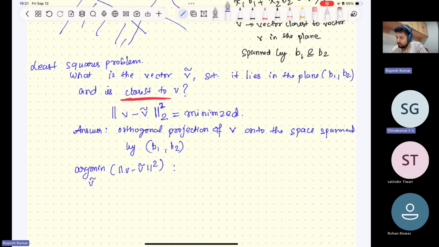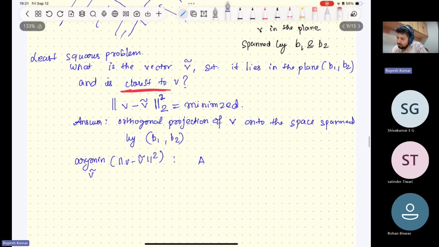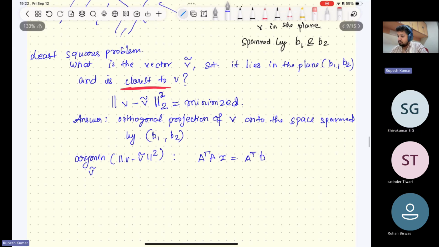The answer would be A transpose A x equals A transpose b.